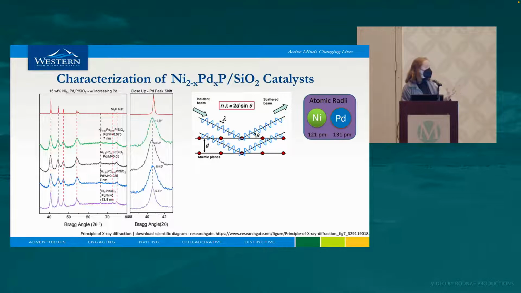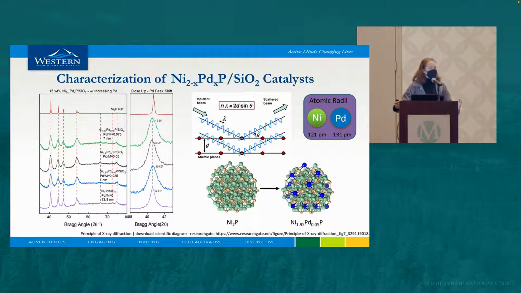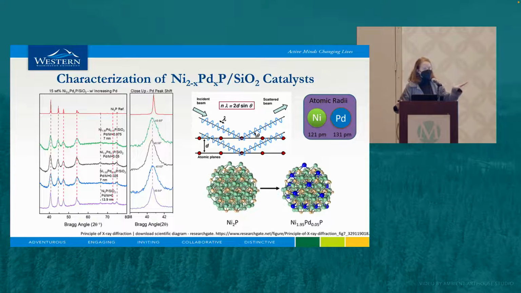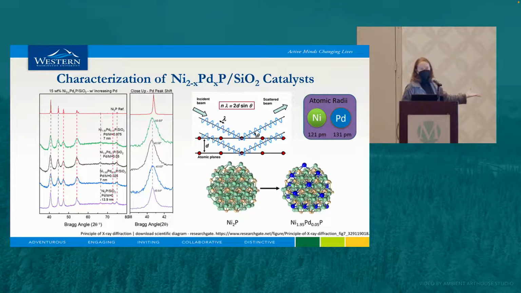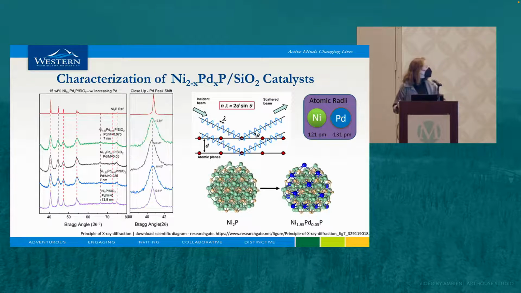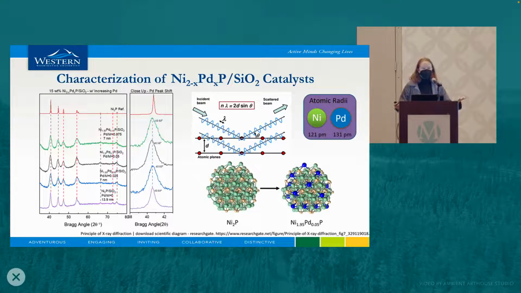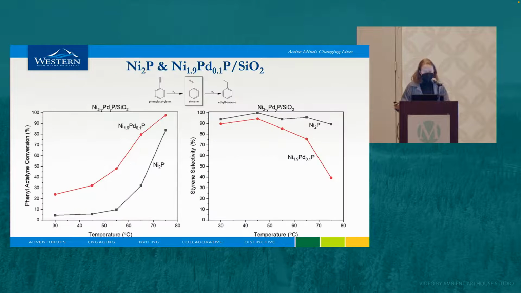Palladium has a bigger atomic radius than nickel does, so when you insert it, the lattice has to expand in order to accommodate it. That expansion causes the angle to decrease, and is how we know that we're successfully substituting the palladium into our nickel phosphide lattice.